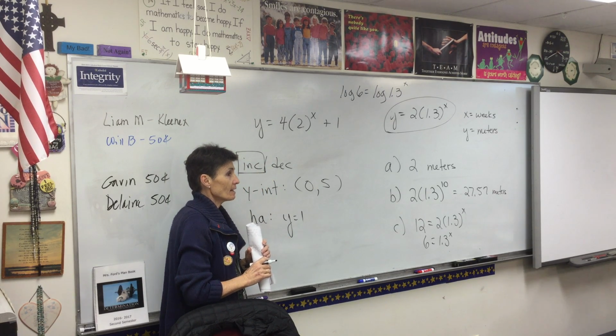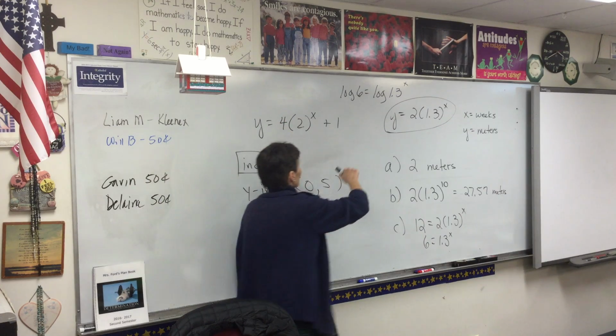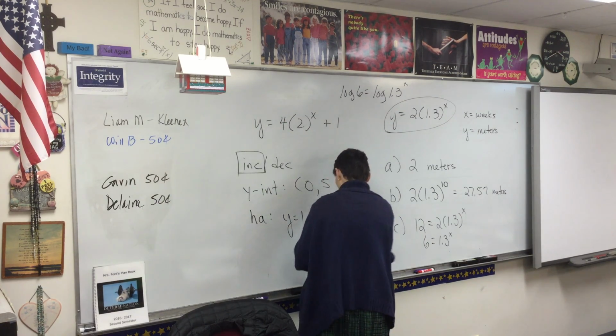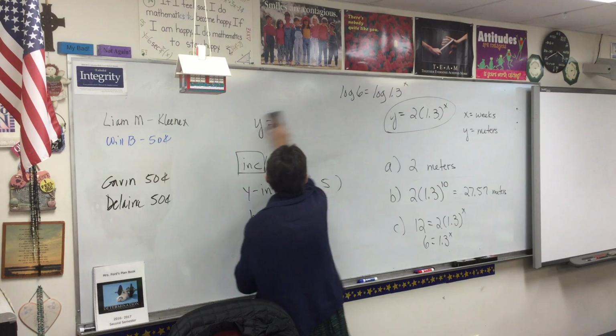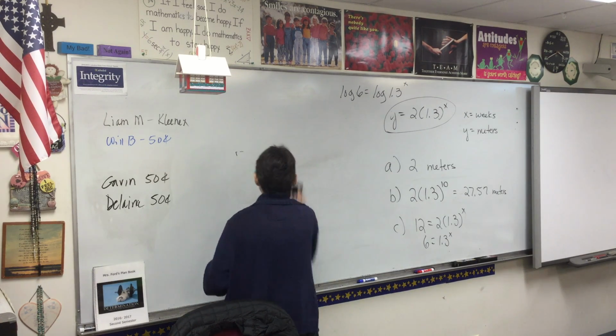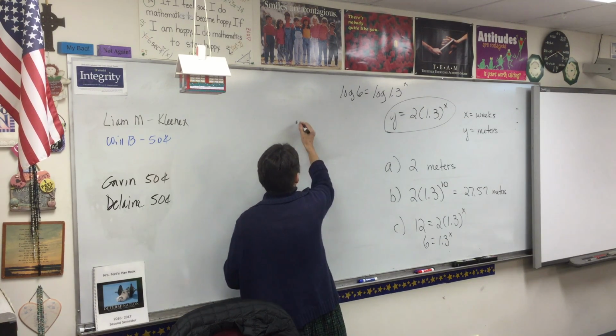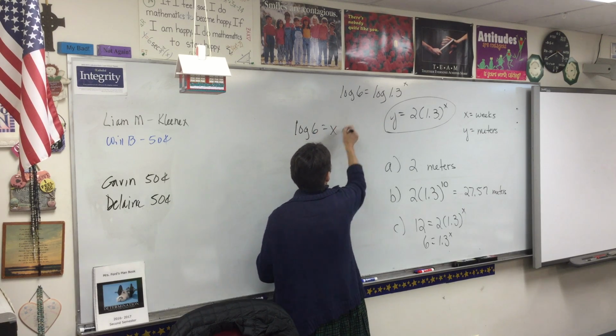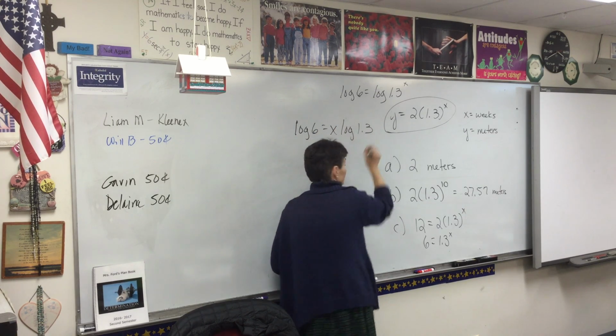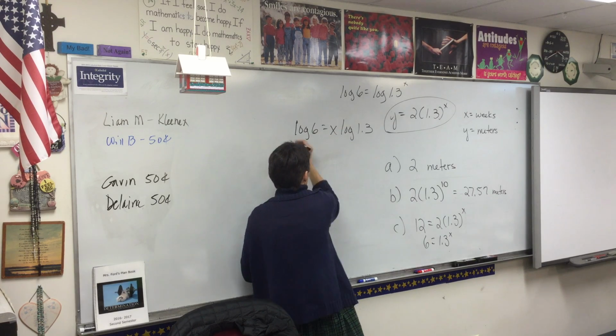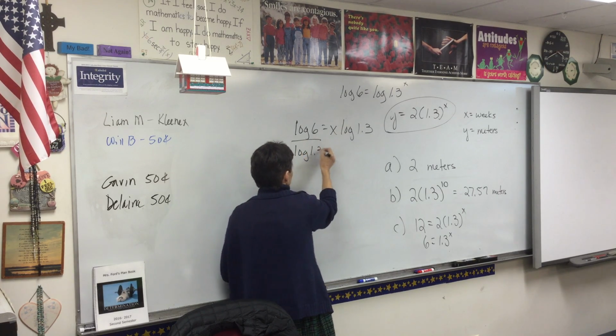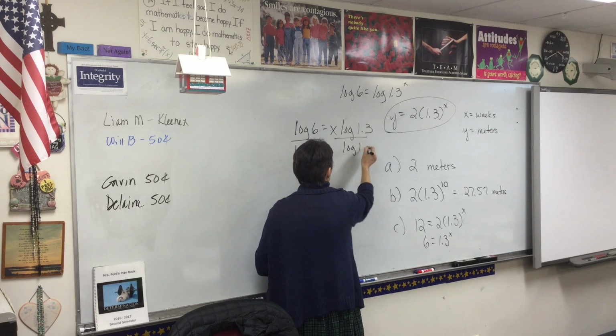What's going to happen to the x? Goes in front. So we'll have log 6 equals x log 1.3. And then we'll simply divide both sides by the log of 1.3.